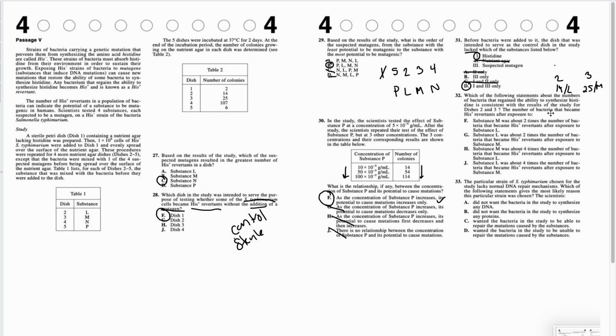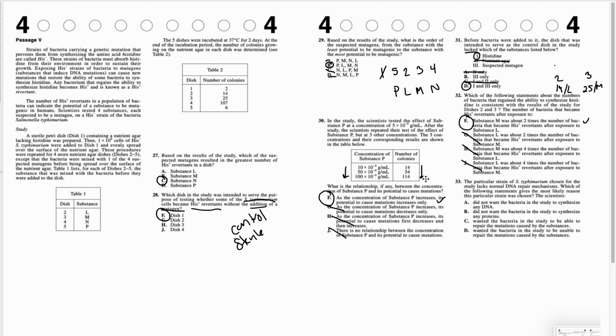It says the number of bacteria that became HIS plus after exposure to substance M was about 2 times the number of bacteria for L. So we're comparing M to L. M is about 2 times, I could say potentially. L is 2 times the number? Well, that's not true because L is only 14, so G is incorrect. H says substance M is about 4 times. Well, that is absolutely not correct. And J says about 4 times the number, so that's also incorrect. The only one that is possible is F.